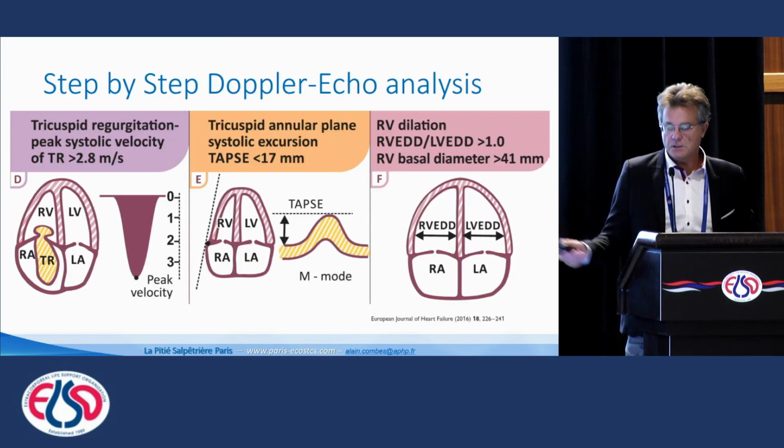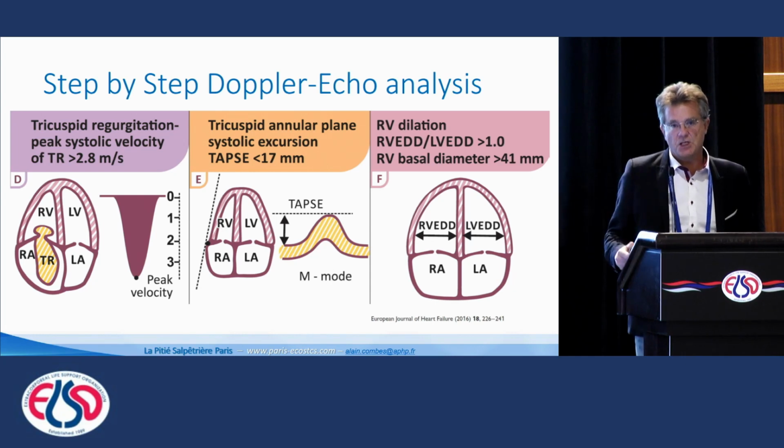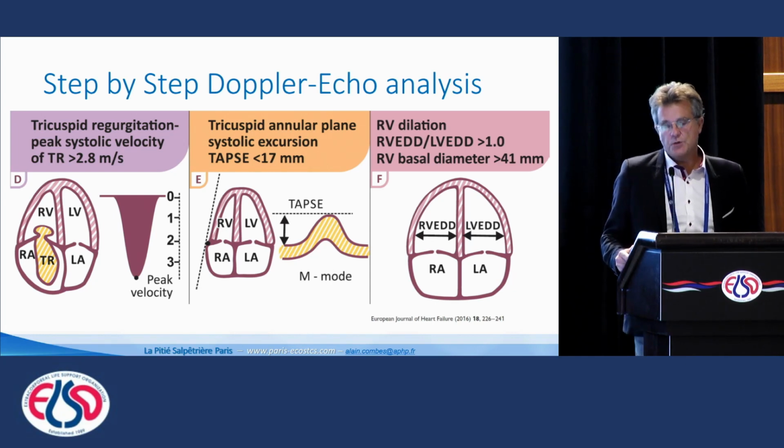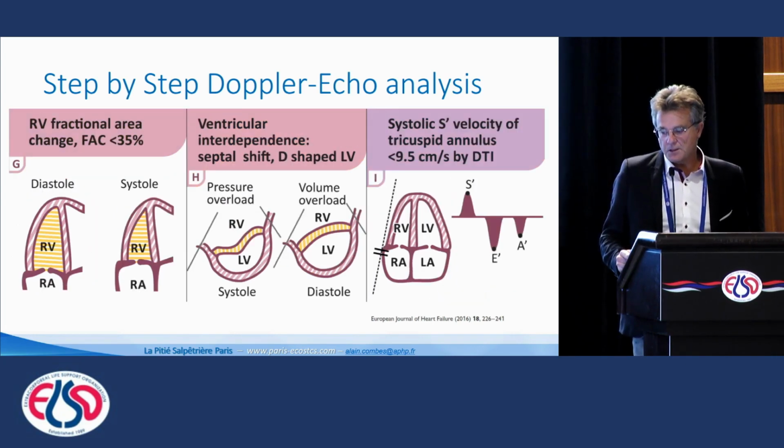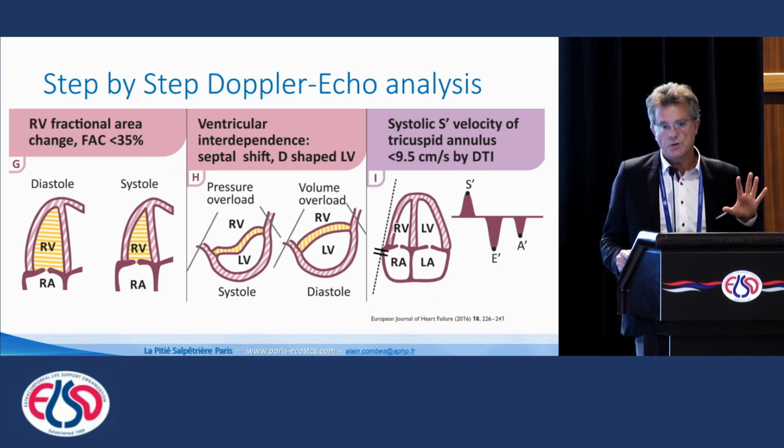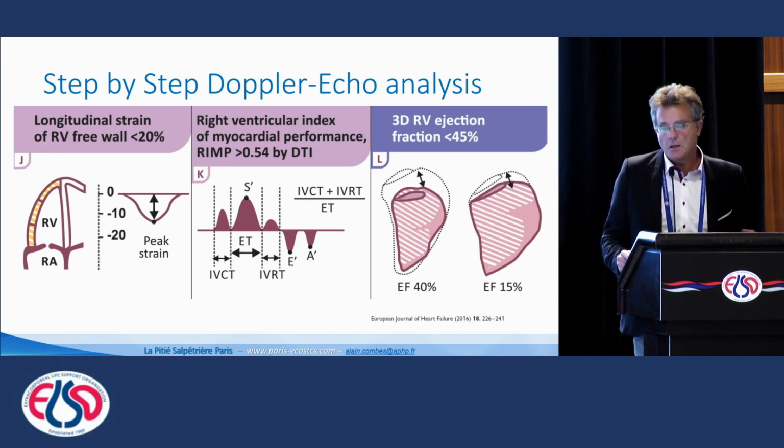And I will skip this slide for the sake of time, showing the step-by-step examination of patients with heart failure to diagnose RV dysfunction. This is actually very important because you may miss some RV dysfunction if you rely only on the SWAN.